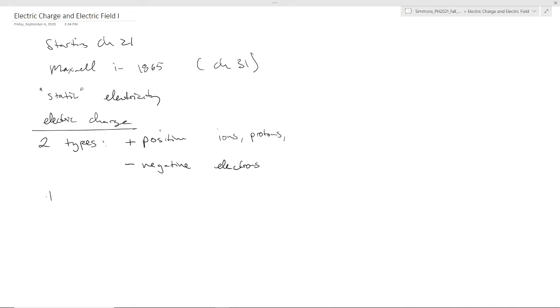A couple important pieces of information about charges. If you have a positive charge and a negative charge, they are going to attract.